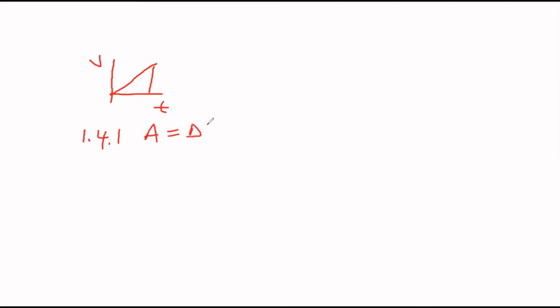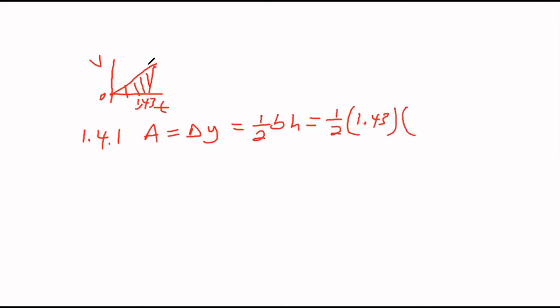So area is equal to displacement, and the area of this graph here is a triangle, which is the same as half times base times height. Okay, let's make substitution. The base here, of course, is the same as the time, which is 1.43, which is this from 0 up to 1.43. So the height, of course, is velocity from here, from 0 up to there, which is 14.